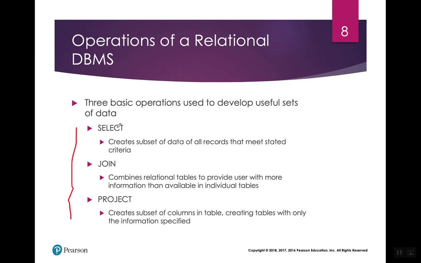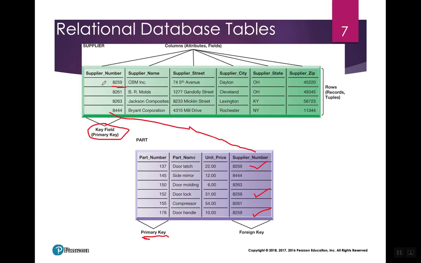A select is where we create a subset of a table where all the records meet a criteria. I can check characteristics. I can say, give me everything in here where the supplier comes from Ohio, or give me everybody who's in Ohio and comes from Dayton, or in this zip code.